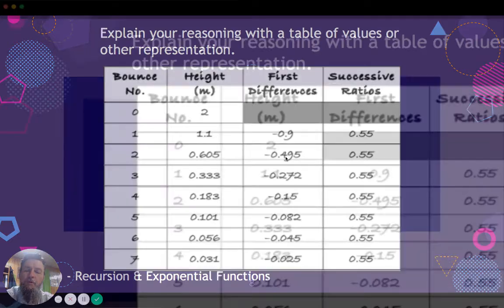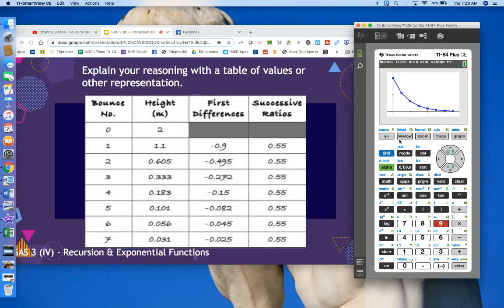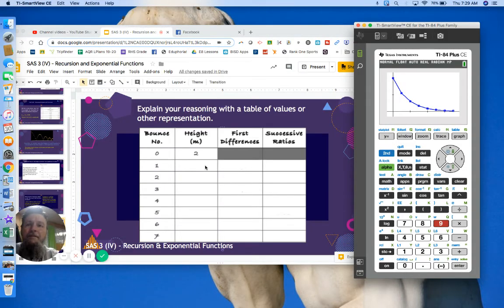Just to prove that point, let's take the calculator and double check it. And this will be something we'll learn again. So it's minus 0.9. Let me clear this. Minus 0.9 times 0.55 is minus 0.495. So yes, exactly.